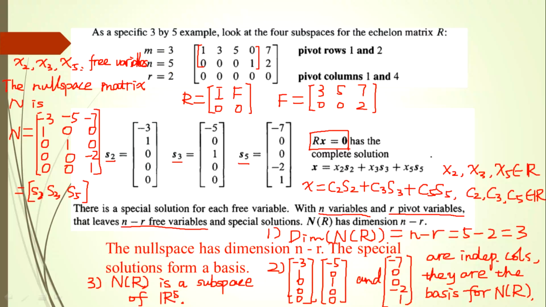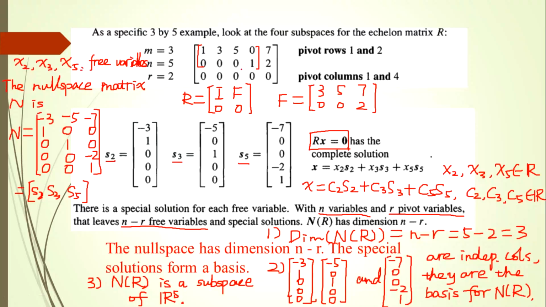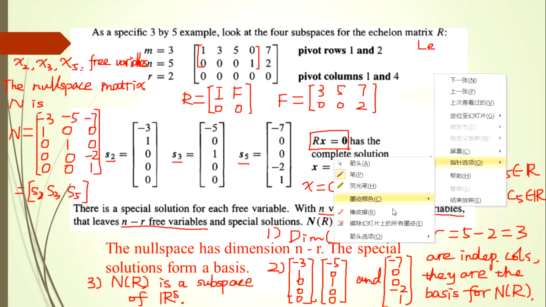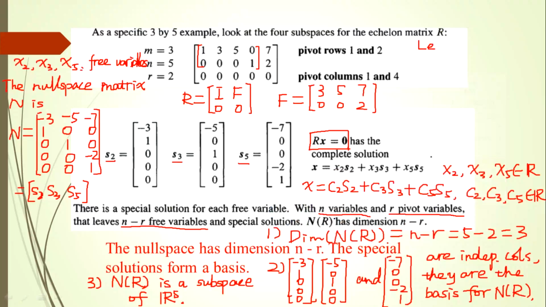So for this section, there is only one left, the null space of R transpose. You can check this one by yourself. Get the R transpose and try to solve for the left null space.